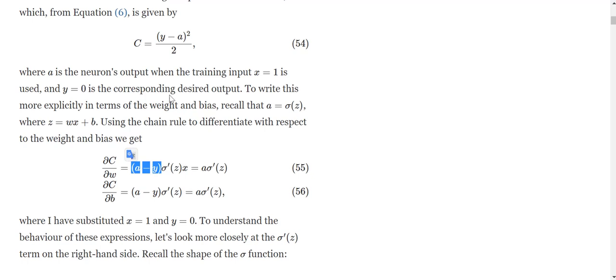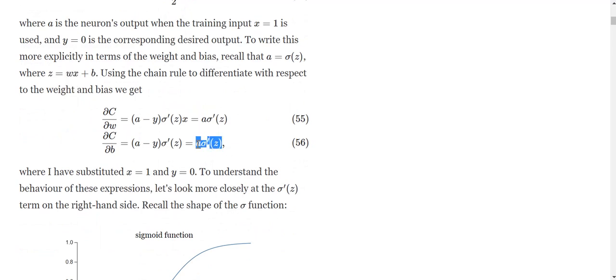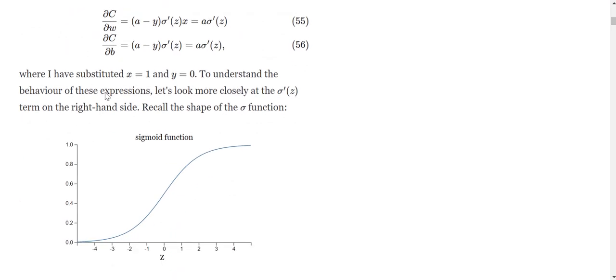And finally, you will take the derivative of z with respect to w. So you'll get x, because b is a constant and x is essentially a constant here, and the derivative of w with respect to w is 1. Also, you can now see why this is here. The first steps are the same, but in the end you'll take the derivative of z with respect to b, and you'll get a 0 here and a 1 here. Here I have substituted x is 1 and y is 0.